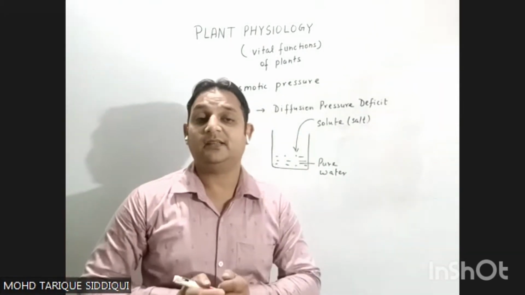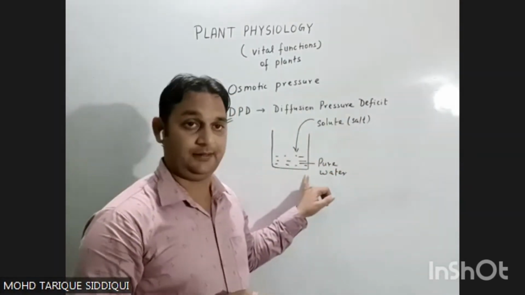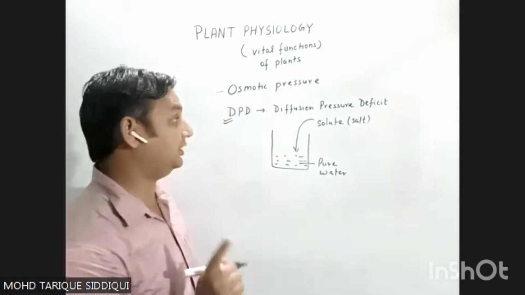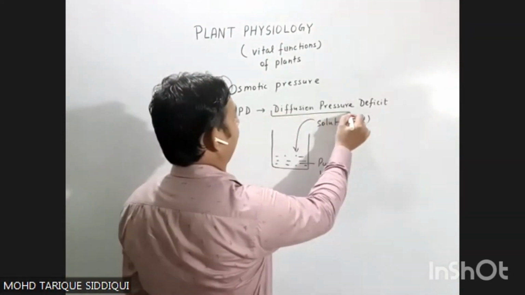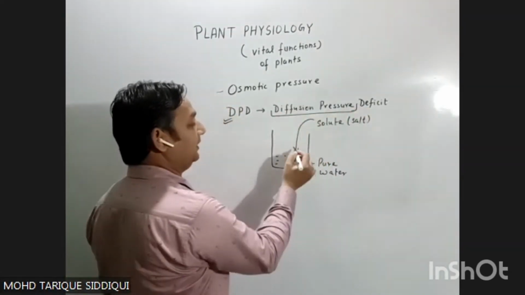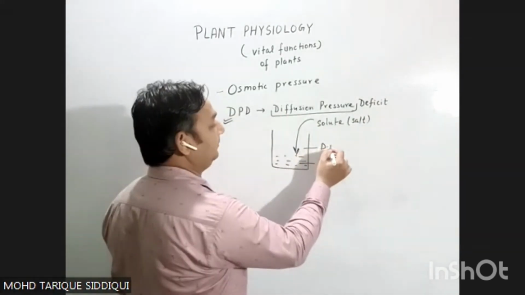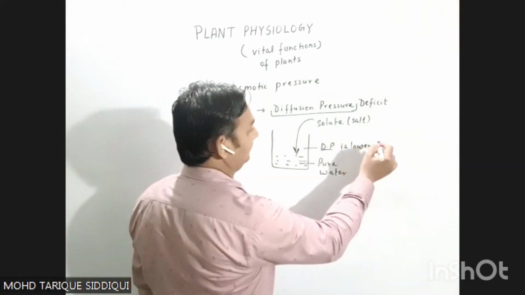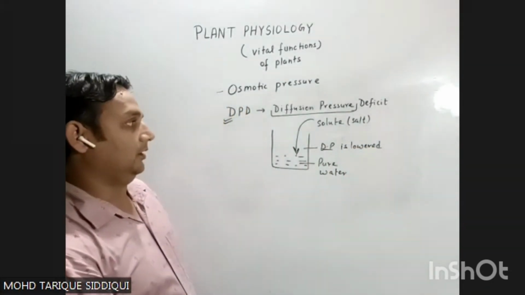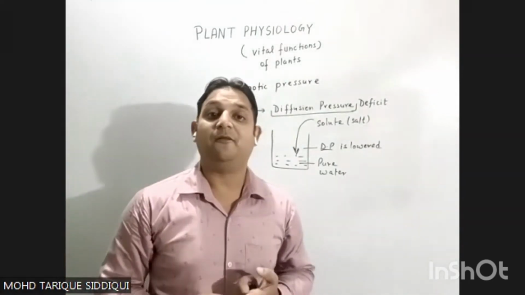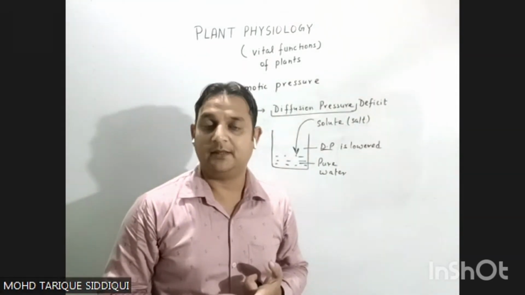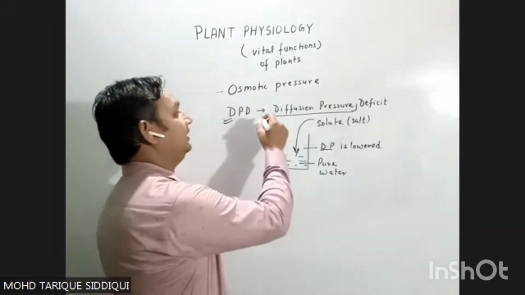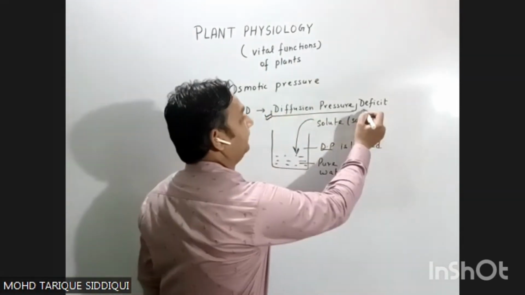When we are adding a solute to a pure solvent, then the diffusion pressure is lowered. The amount by which diffusion pressure is lowered by the addition of solute is known as diffusion pressure deficit.